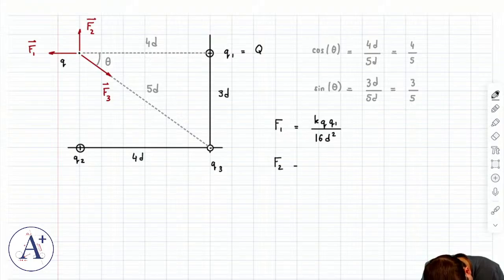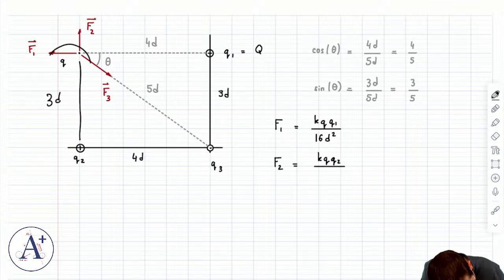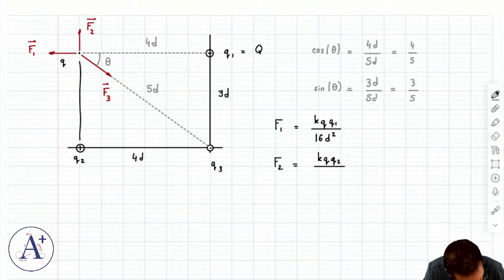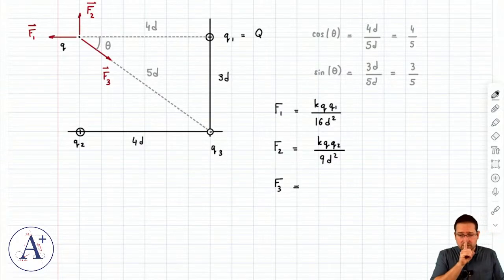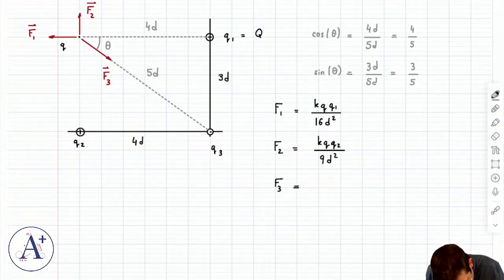The magnitude of F2, with the same logic, is k q q2 divided by the distance between q and q2, which is 3D squared, so that's going to give me 9D squared. And then F3, this time I have to be careful, q3 is negative, and my magnitude can't be negative. So this is going to be k q absolute value of q3, divided by this distance squared, so that's 25D squared.